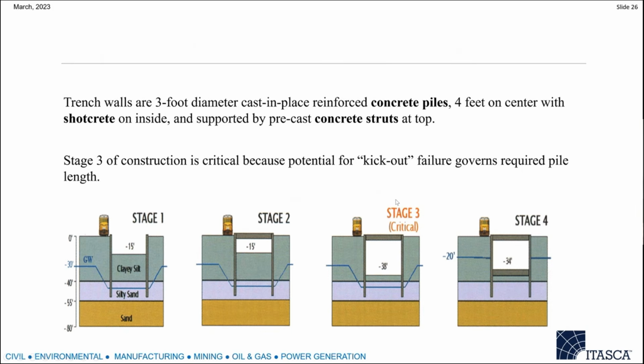Okay, and stage 3 keeps excavating, and this stage is critical. Then stage 4 has another reinforced beam at the middle of these sheet piles. So we need to determine the factor of safety during stage 3.